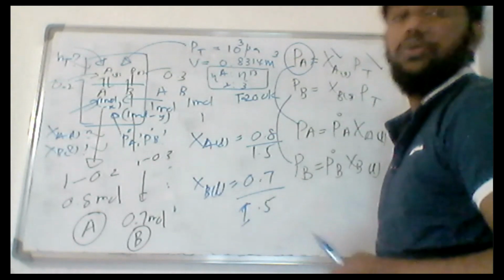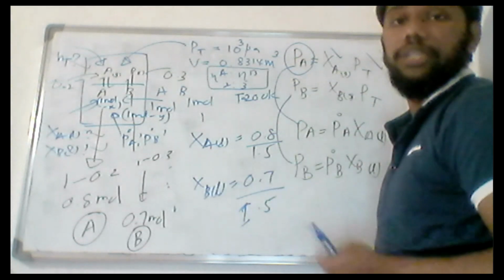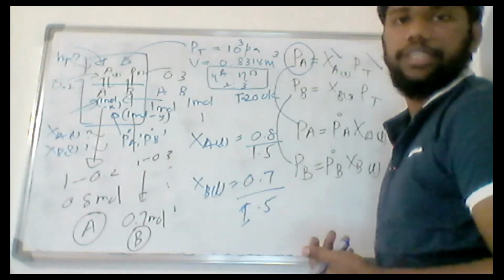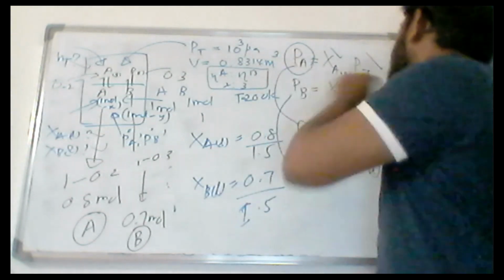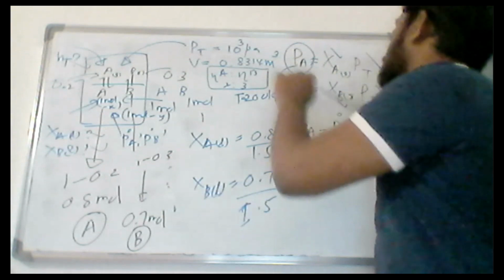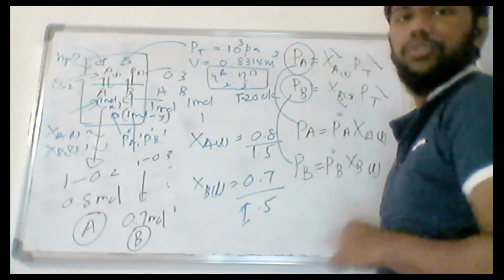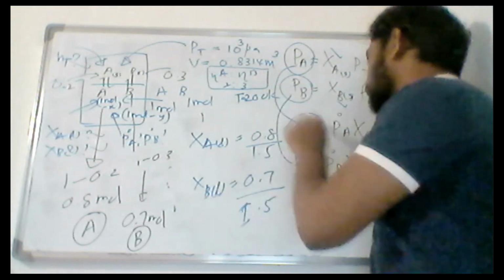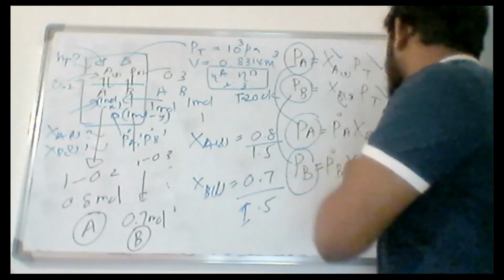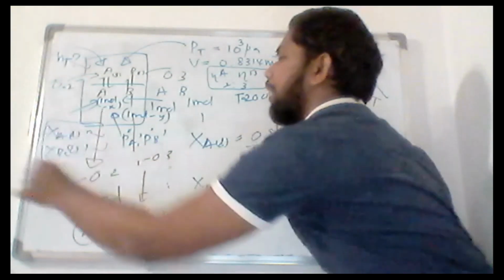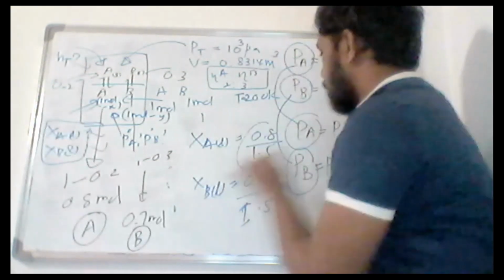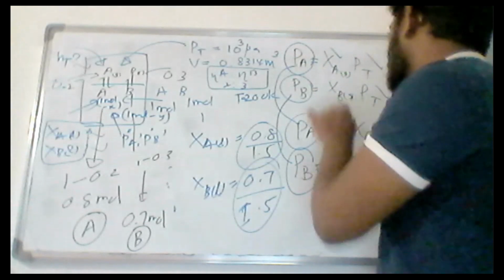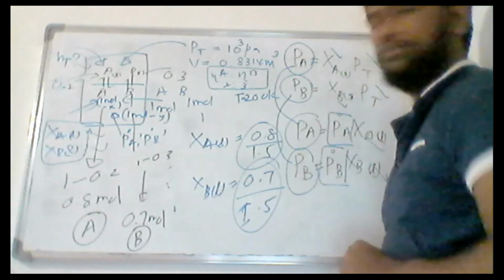One mole amount is 0.2, the other is 0.3, so one will be 2/5 and the other one will be 3/5 mole fraction. So you know this one. In the same way, you know PT and XB and you know PB. So which means you know PA and PB. And you know XA liquid and XB liquid, which we calculated here, this one and this one. The only thing that you don't know here is this.